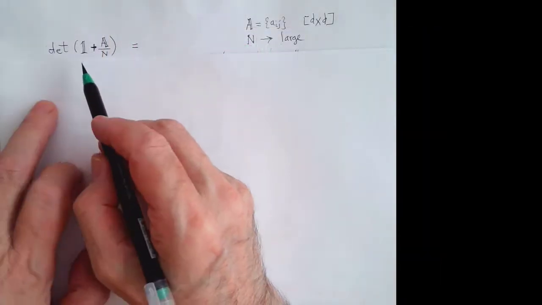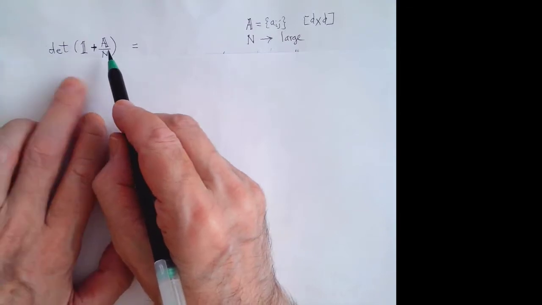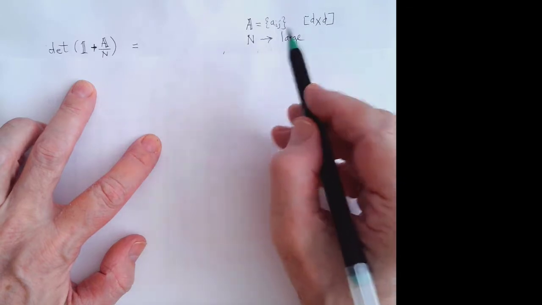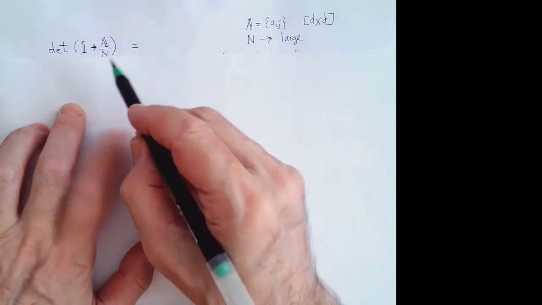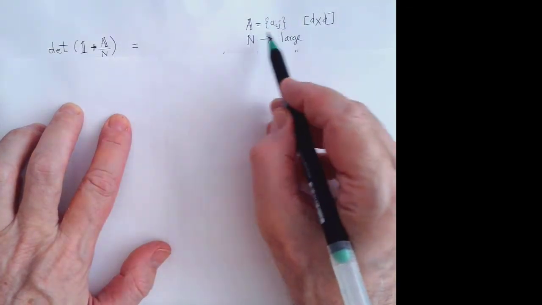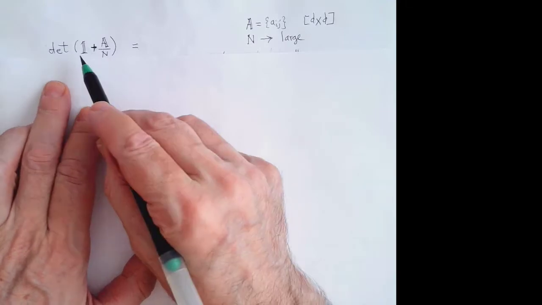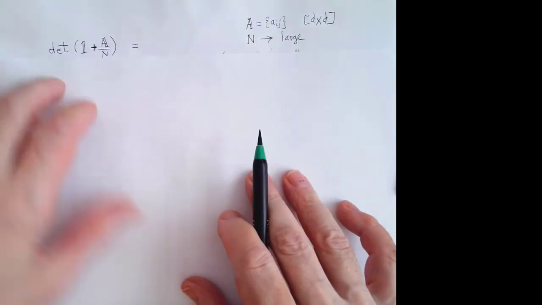Consider this matrix, the determinant of unity plus A over n, where A is an arbitrary d by d matrix with entries a_ij. But n is arbitrarily large, so no matter what this matrix is, I can find n sufficiently large that this is a small correction to unity.